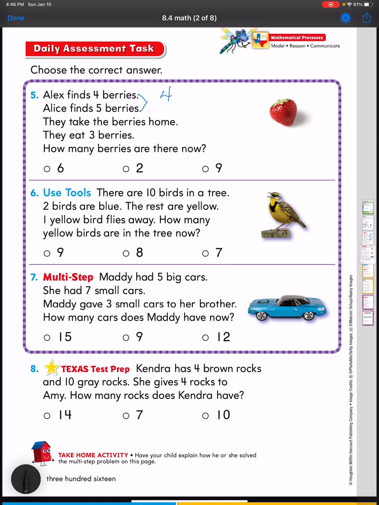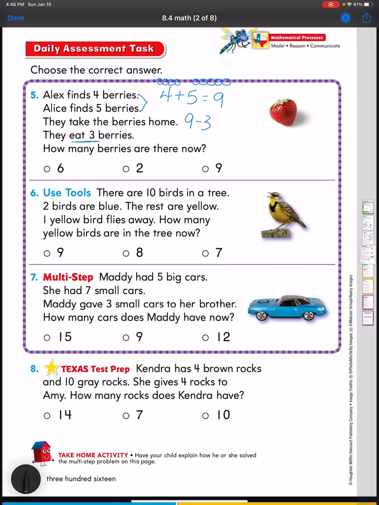There were 4, and then there were 5. So they found 4, and then they found 5. What does that equal? So I could say 4 plus 5 is 9. So they had the 9 berries that they took home. But then they ate 3.